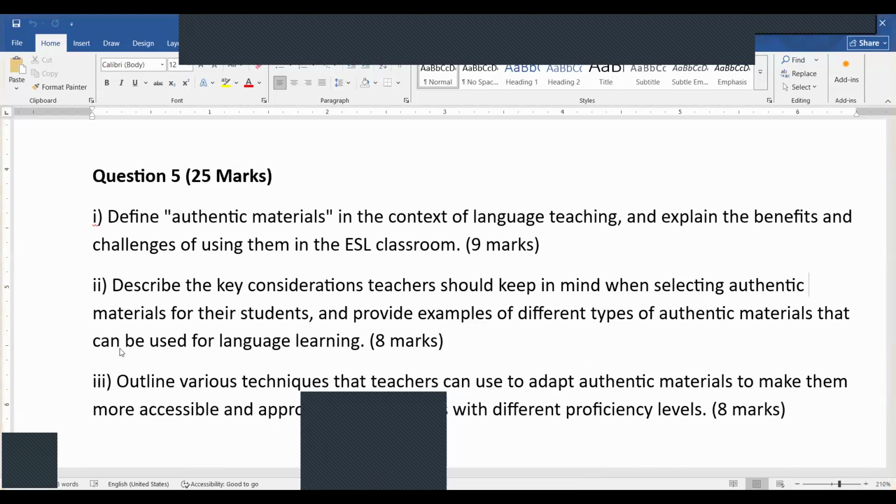Authentic material is given in a deep way, so we have to make it simple in order to understand, right? And also, apart from that, the supplementary materials are there, and it also helps.